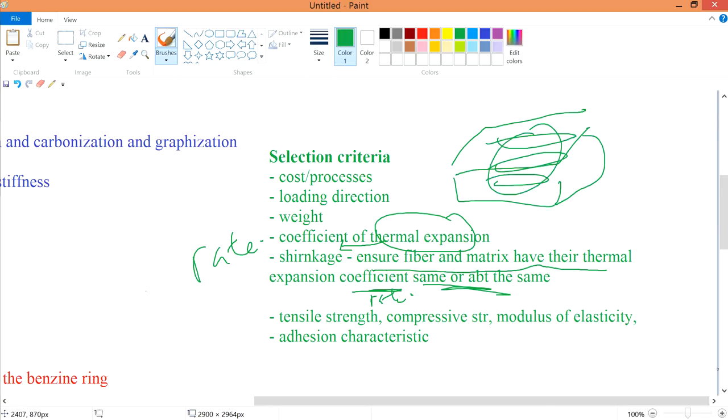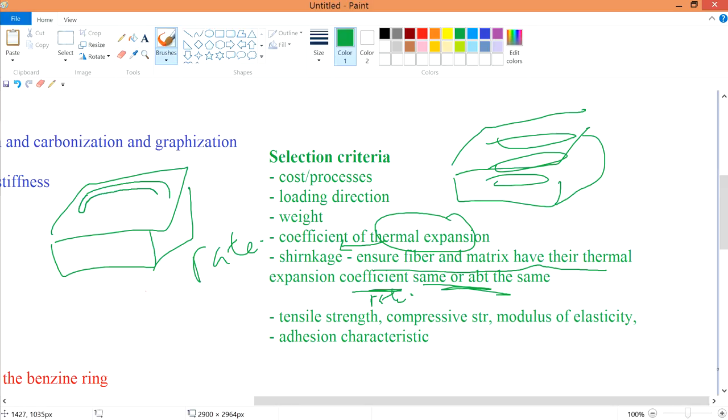So if the fiber expands faster than the matrix, then after it expands, the matrix itself will actually curl all around, you see, because of its expansion, and then it becomes very flimsy or whatever. So as you can see, at first it was this straight line.